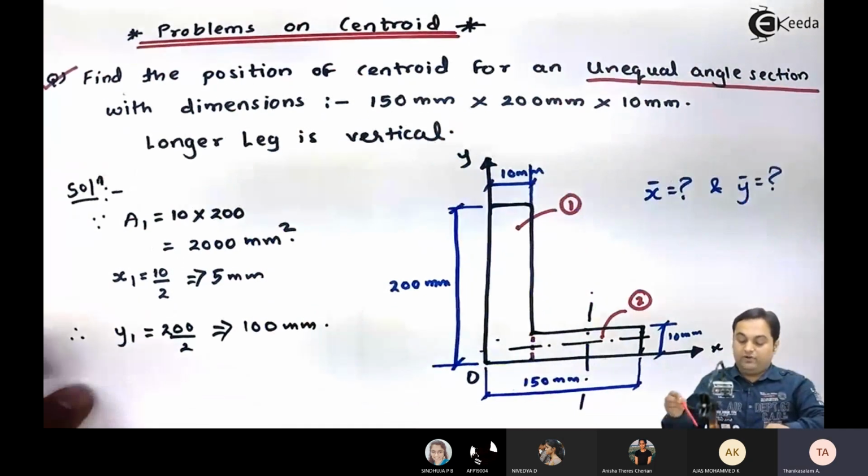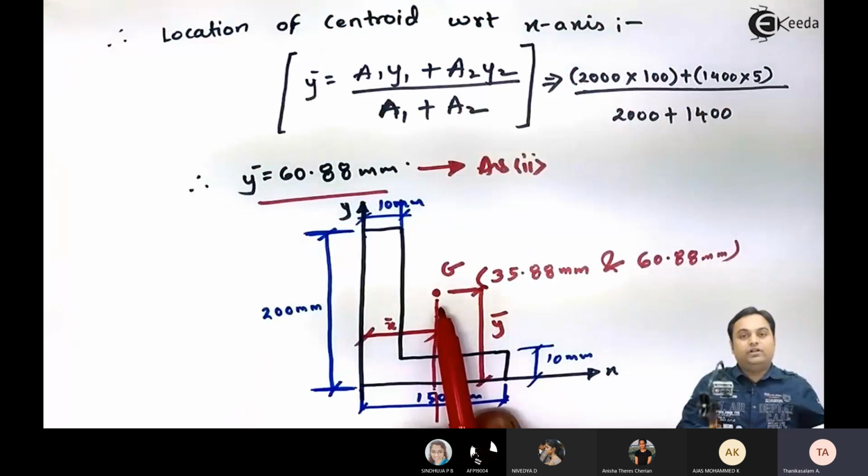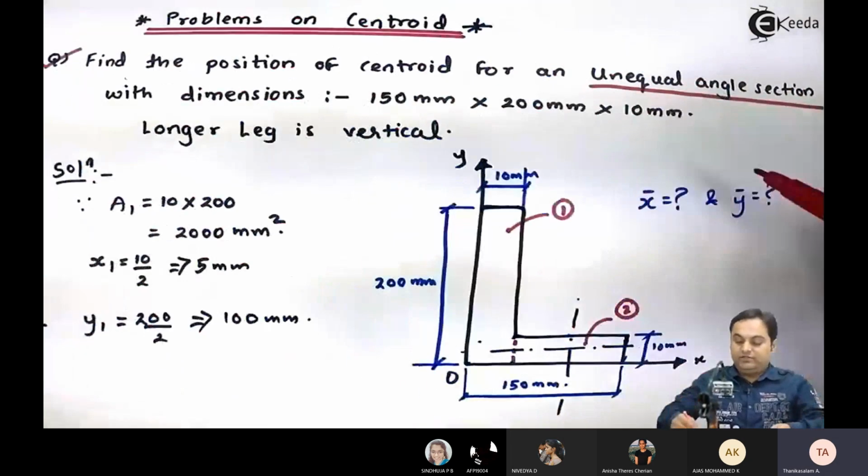So we have found out the position of the centroid for the unequal angle section, calculated the values of x bar and y bar.